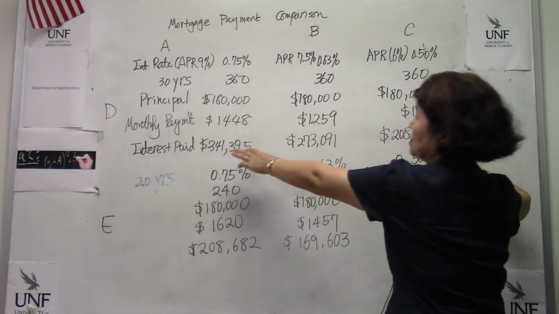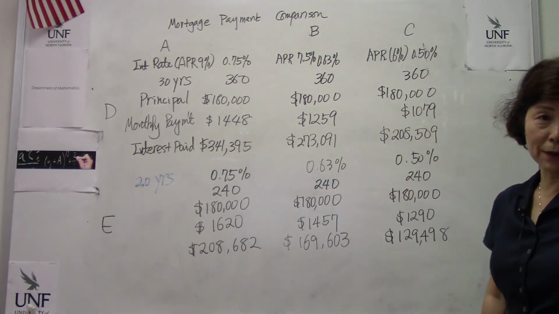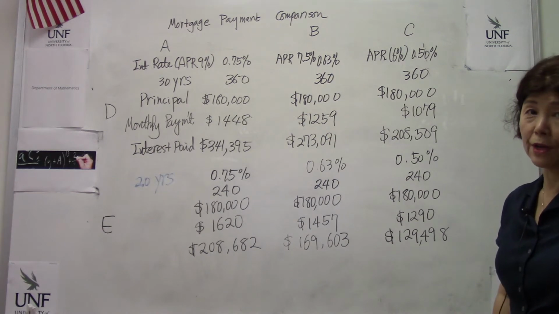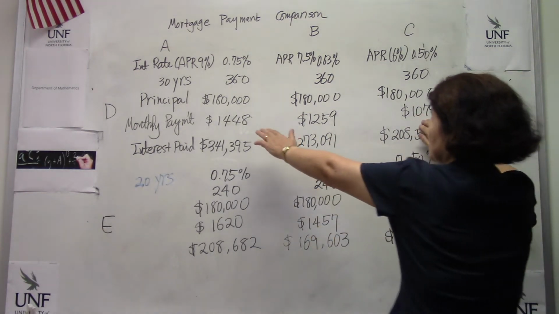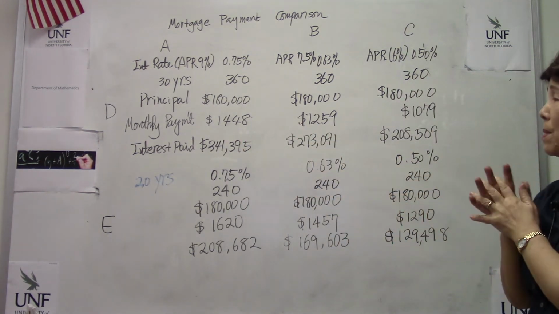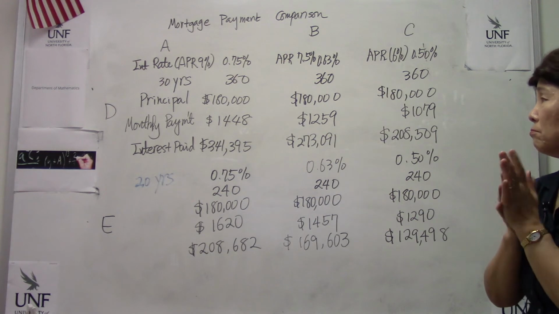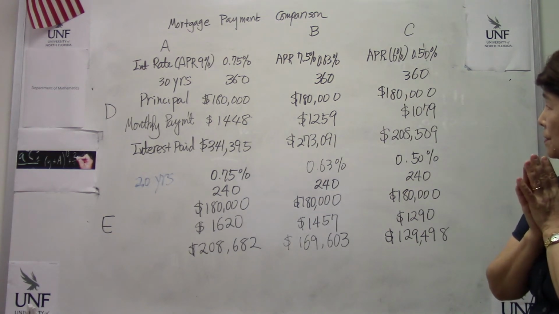But compared to this, it is huge. Almost like you can buy another house over the 30-year period. And look at the monthly payment. The difference is a little lower than $400. It means you can even lease a car or something. It's a huge difference.